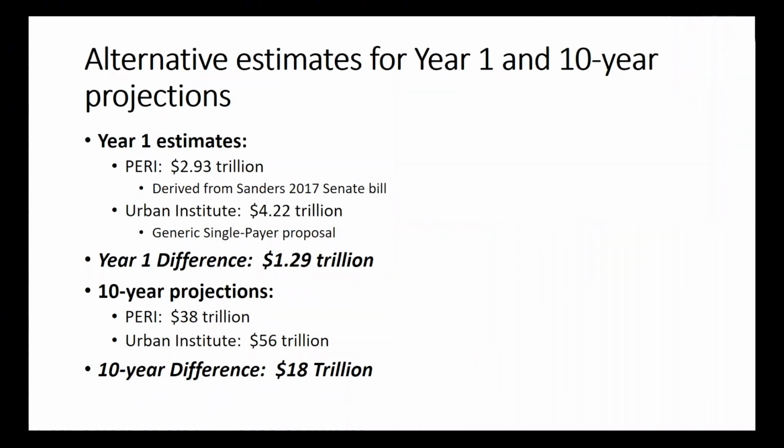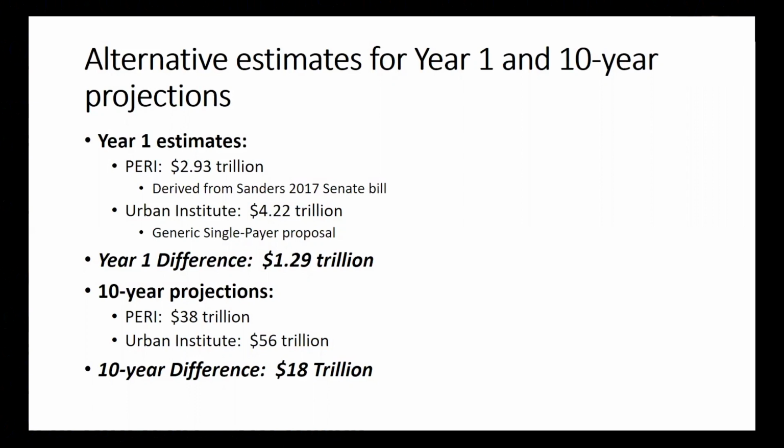So what I'm going to specifically do is compare what I and my co-authors came up with at Political Economy Research Institute versus the Urban Institute. So here's where we are. These are our conclusions. We have our estimate for year one of the program of Medicare-for-All.